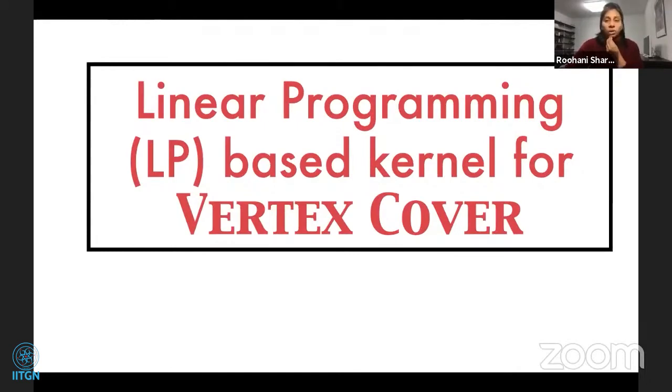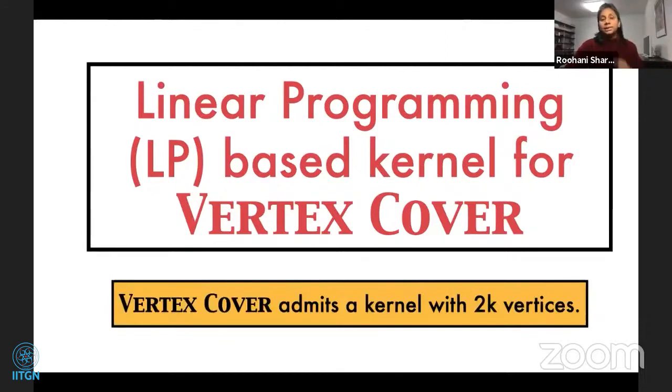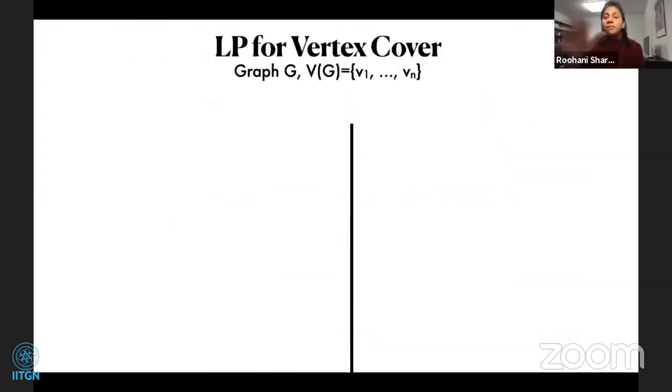So now the goal is to design a kernel for vertex cover with 2k vertices. So you have a vertex cover instance, and you're given a graph G. Let's say the vertices of the graph are V1 to Vn. For those of you who don't know what a linear program is, let me quickly sketch it.